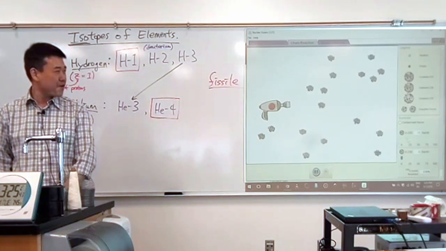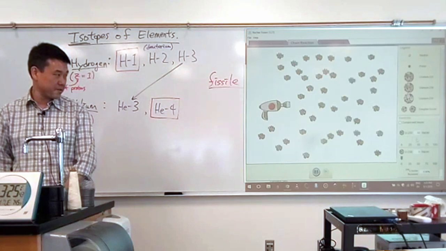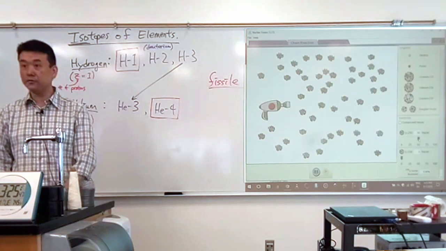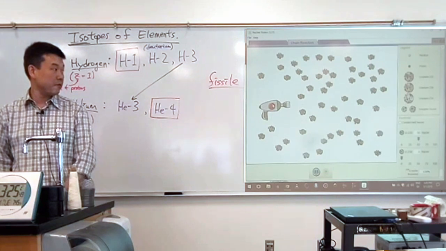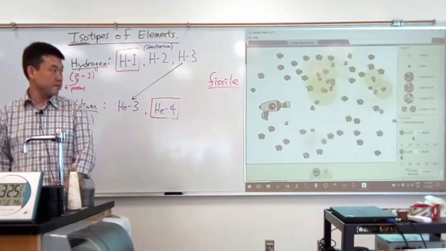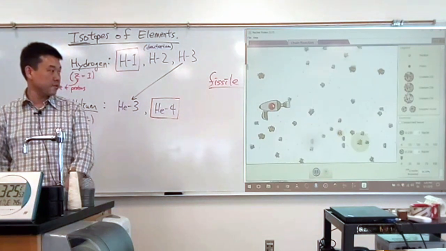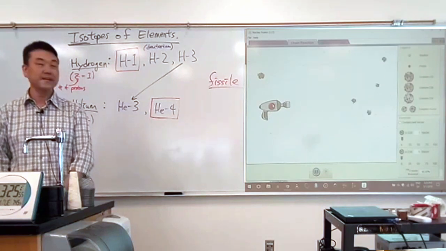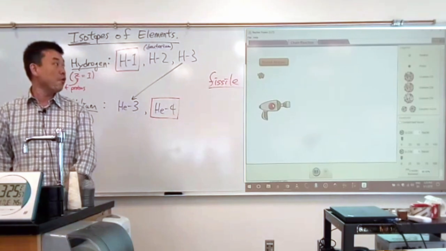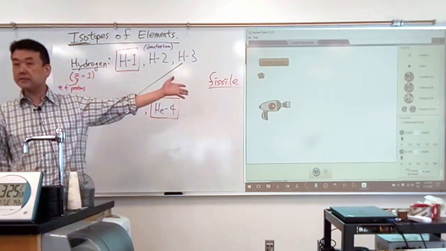I don't know how many is critical in this simulation. Let's try 50. When you have 50 uranium-235, and I fire one into it, this is the kind of kaboom that happens in an atomic bomb. Almost all of it reacts.